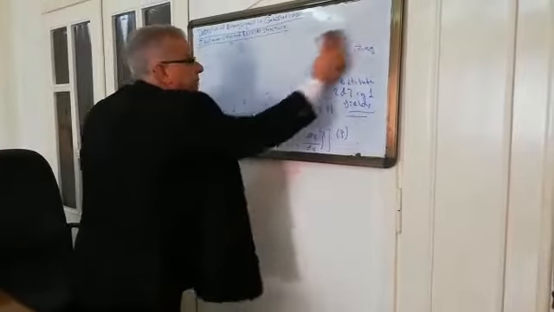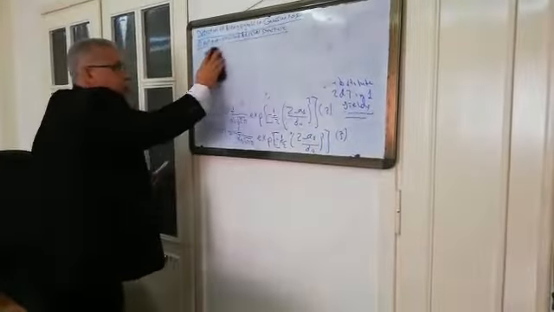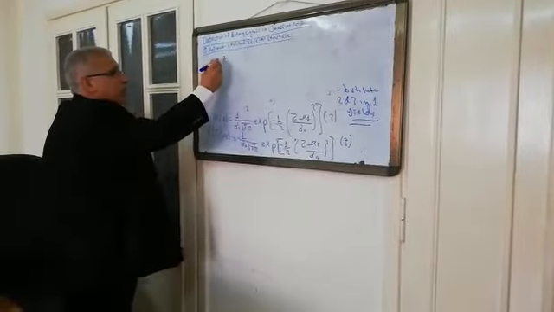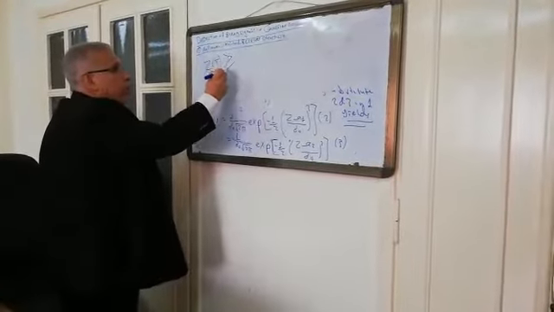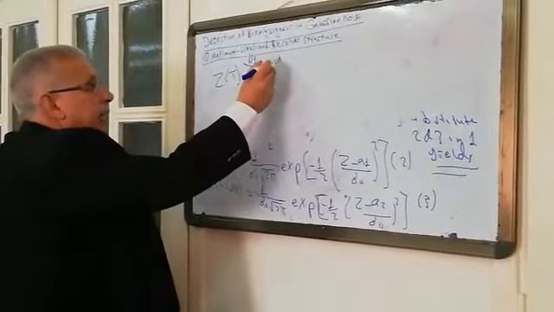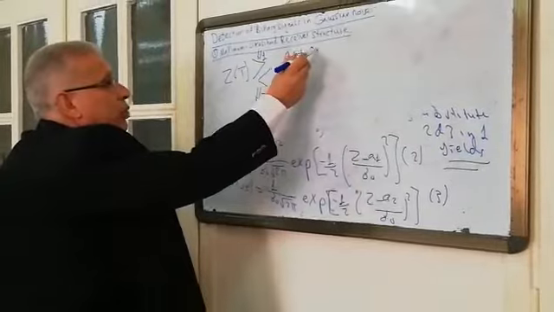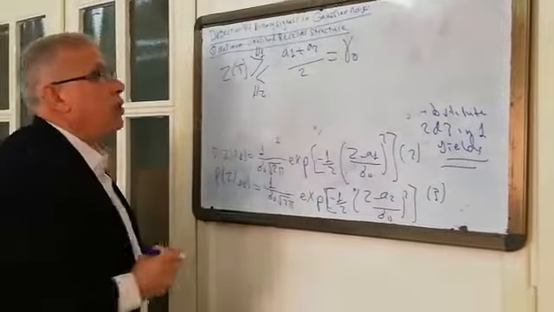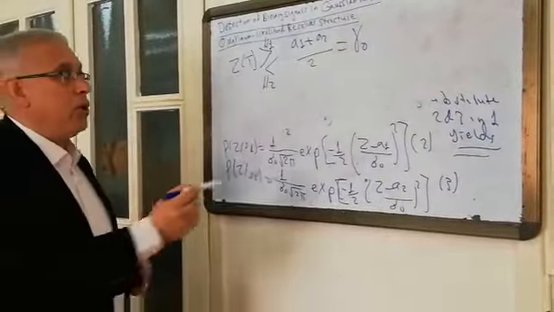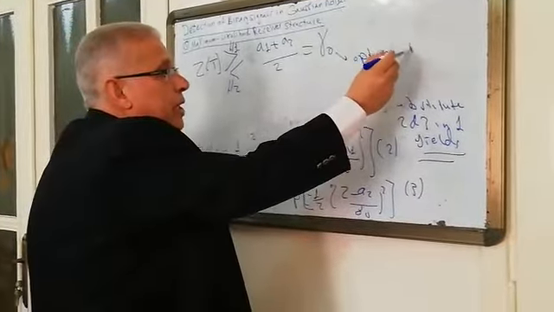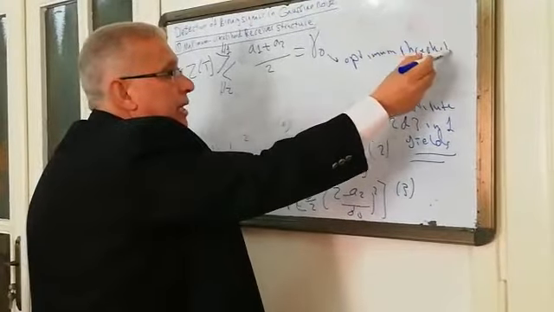We will obtain the optimum threshold: the output Z of T, this static, more than or equal to H1, H2, (A1 plus A2) divided by 2, which will be equal to the optimum threshold level. This is called the optimum threshold level.